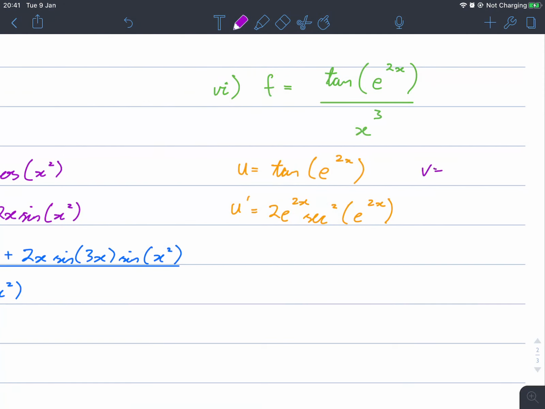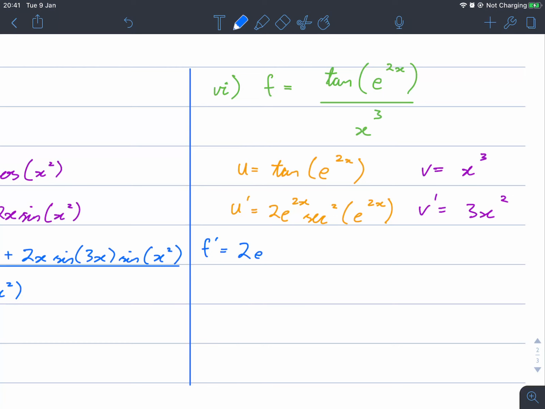Our v is just x cubed, which means our v prime is 3x squared. Combining this together, we get f prime equals u prime, which will be this times this.